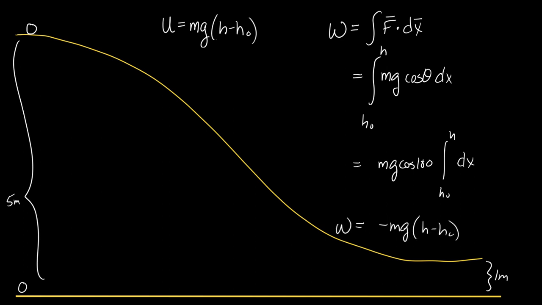This is the work done by gravity when an object is lifted. It's negative. So then we defined the change in potential energy as minus the work done against a conservative force. All of these words were said to you at one time, but it's been a long time.